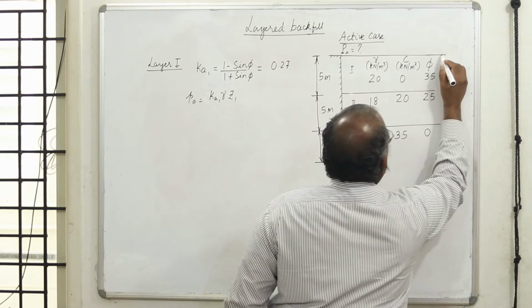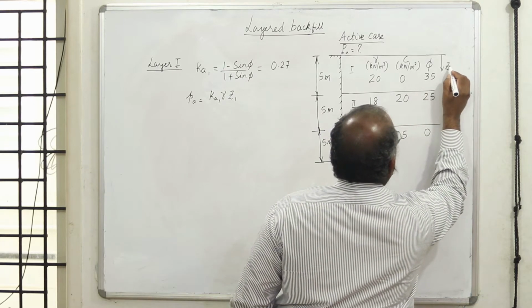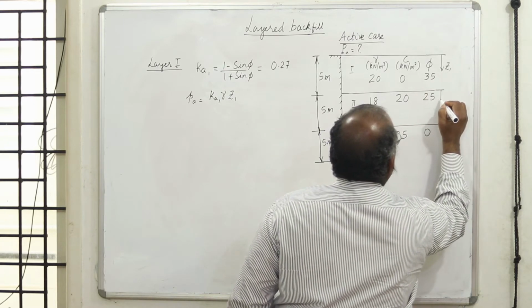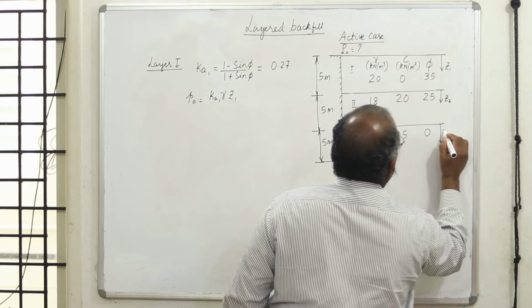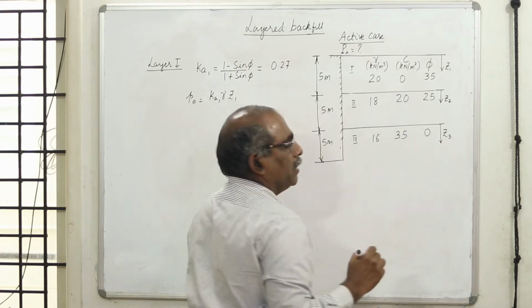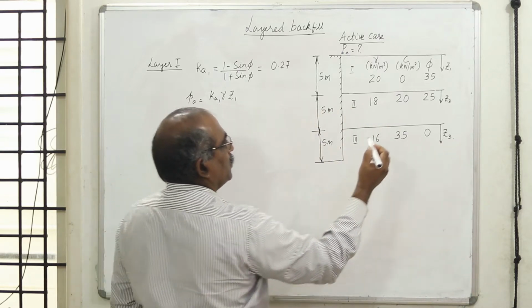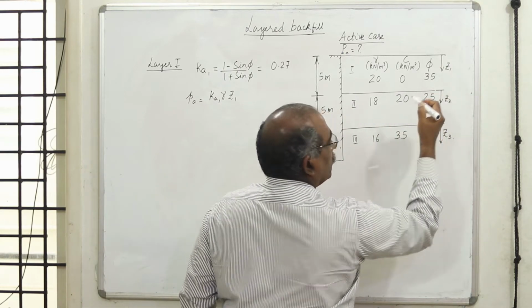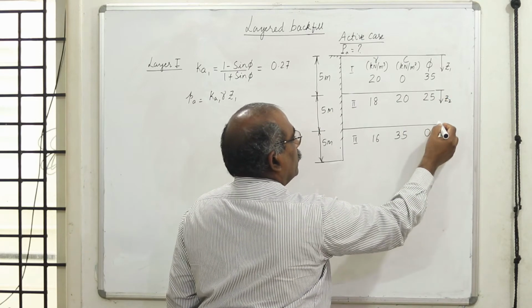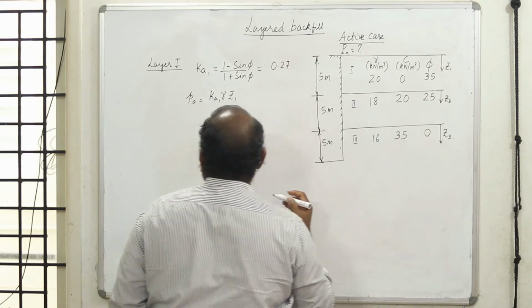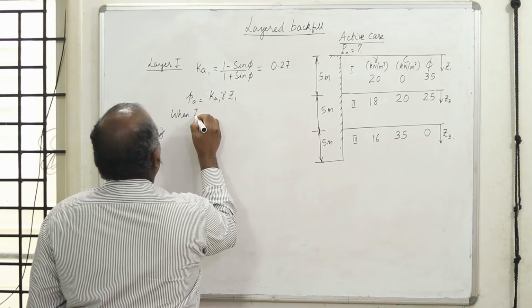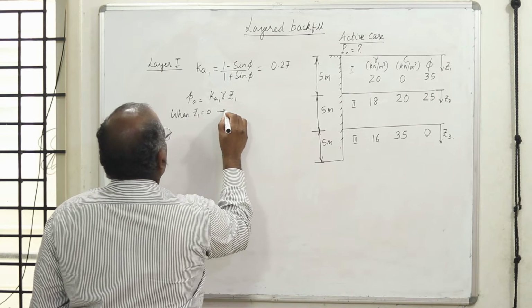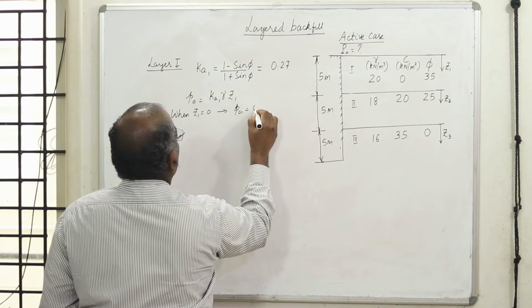Now let us write the variation of the depth: from here it is Z1, from here it is Z2, and so on. This becomes easy for you to understand. Z1 varies from 0 to 5 meters, Z2 varies from 0 to 5 meters, and Z3 also varies from 0 to 5 meters. When Z1 is equal to 0, Pa becomes 0.